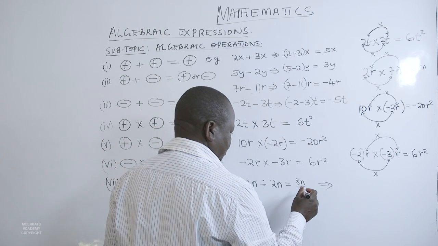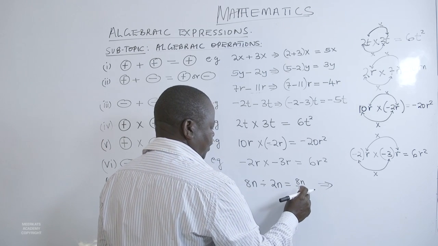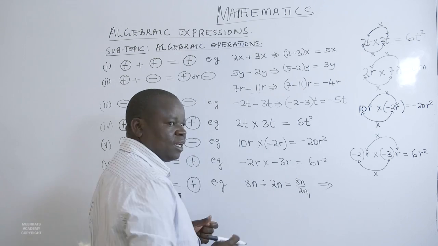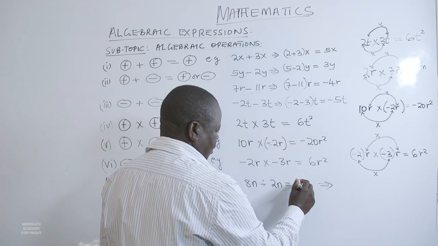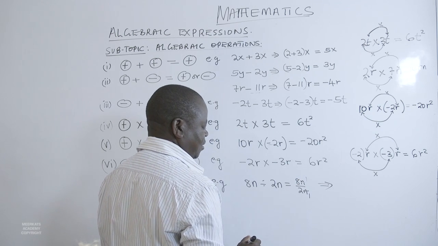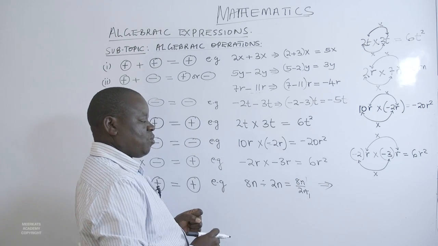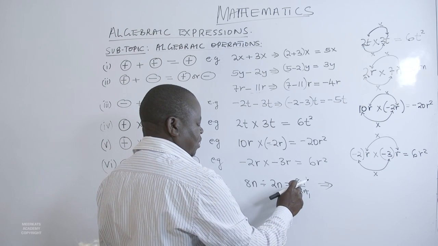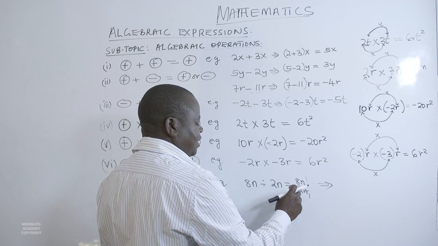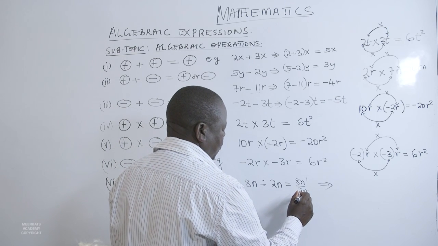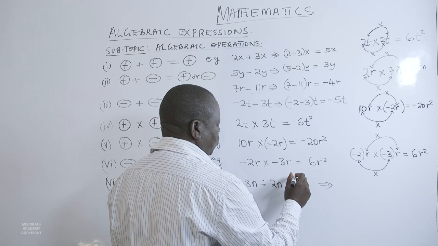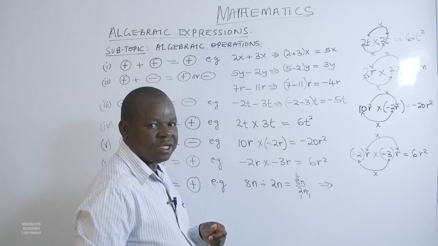So here we get the highest common factor between n and n is n itself. So n divides n once. Similarly, we have the highest common factor between 8 and 2 is 2. So 2 divides 2 once, and 2 divides 8 four times.